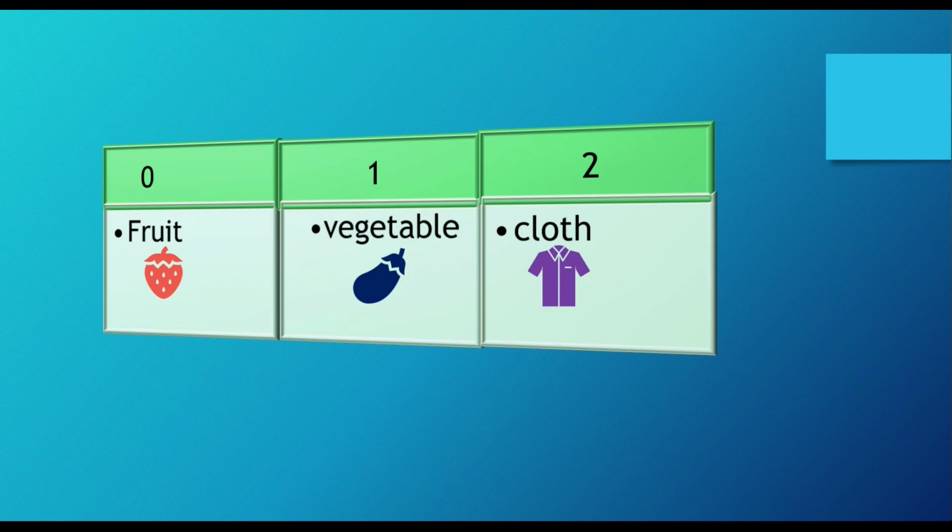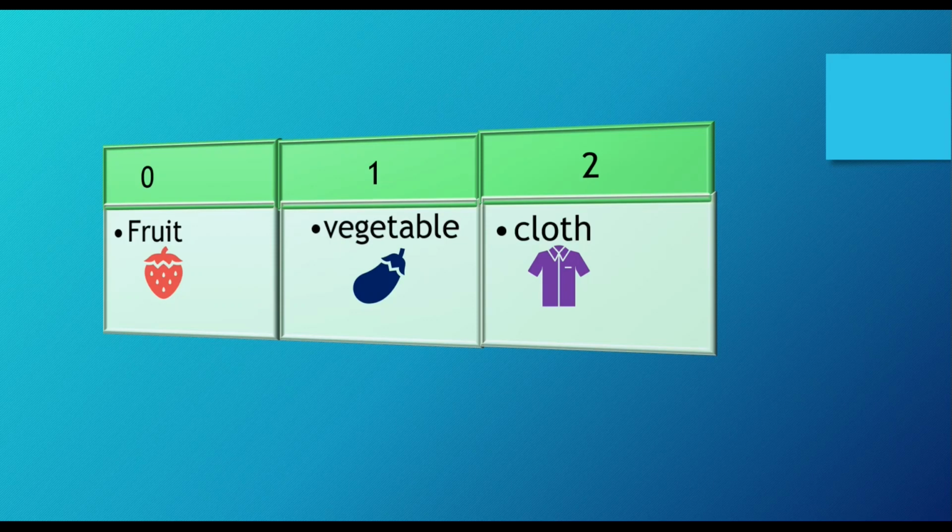Now we can number those things, and let's say we start from 0. So the first container we name 0, the second one we name 1, the third one we name 2, and there are fruit, vegetables and clothes in those containers.